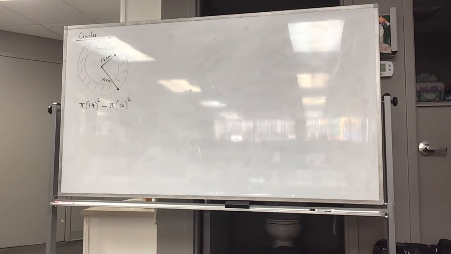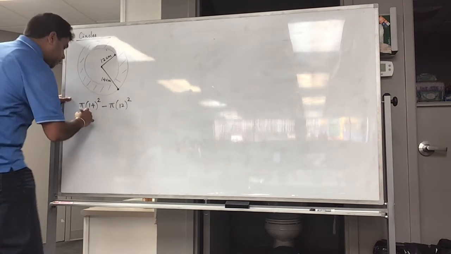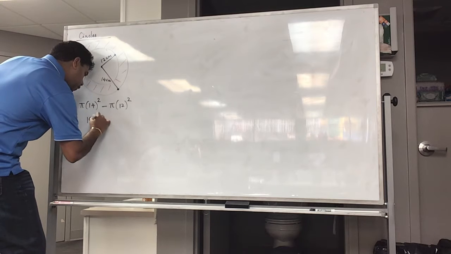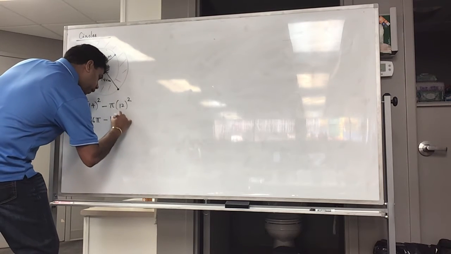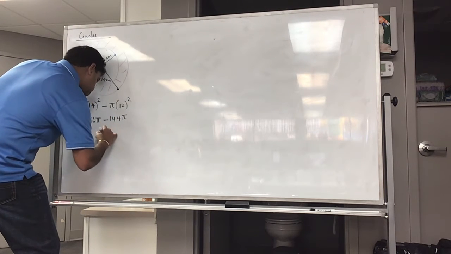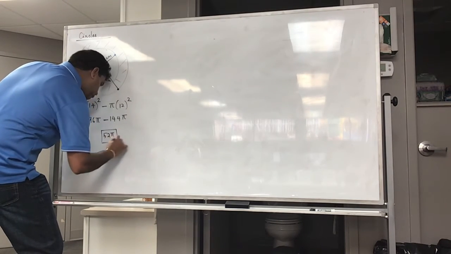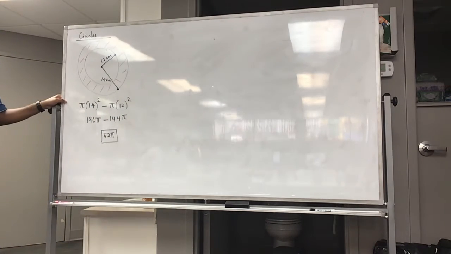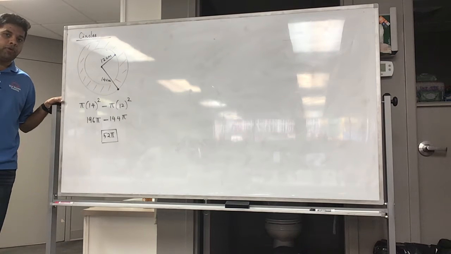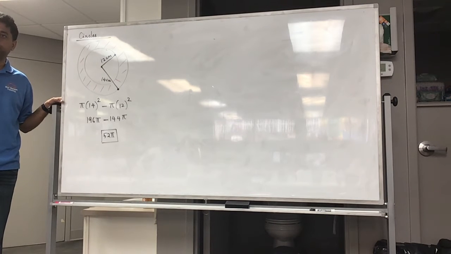That's your answer. So 14 squared is 196 pi minus 144 pi, so it is 52 pi. And guess what? This is exactly how they will write it in the ACT. Yeah, you can do 52 times 3.14. That's all fine. But this is actually how they prefer it in ACT.